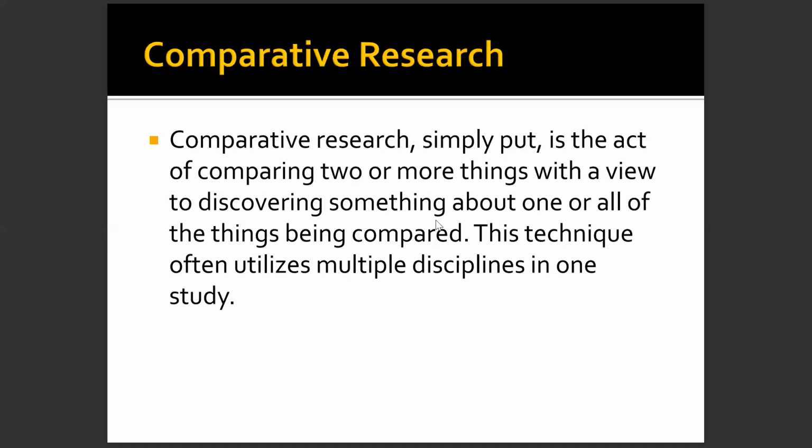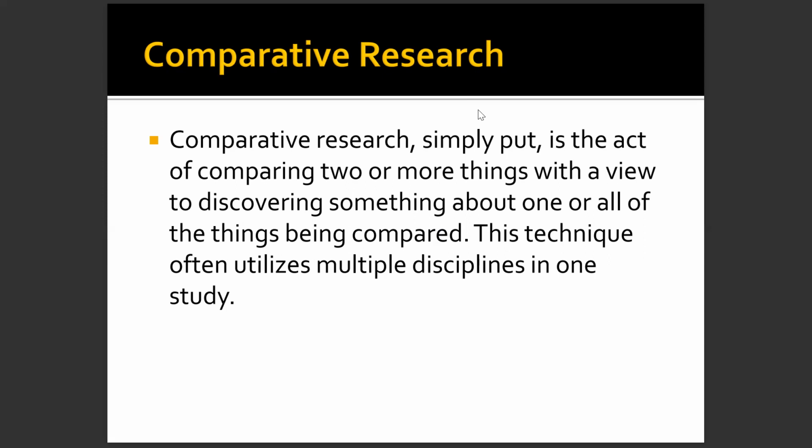The next one would be comparative. This, simply put, is the act of comparing two or more things with a view to discovering something about one or all of the things being compared. This technique often utilizes multiple disciplines in one study. So it's about comparative design. This is where we answer an inferential question.